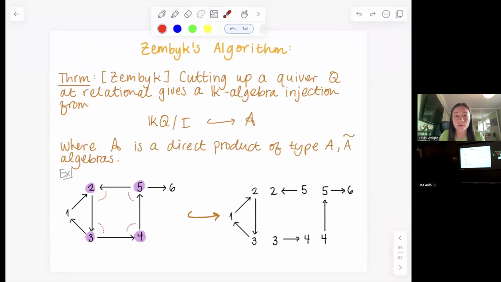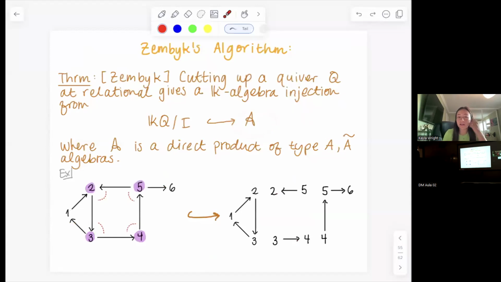So the algebraic result that this was inspired by is saying that if you have some algebra KQ mod I, there exists this K algebra injection into this nice algebra that I'm calling A, that's a direct product of type A and A tilde algebras.